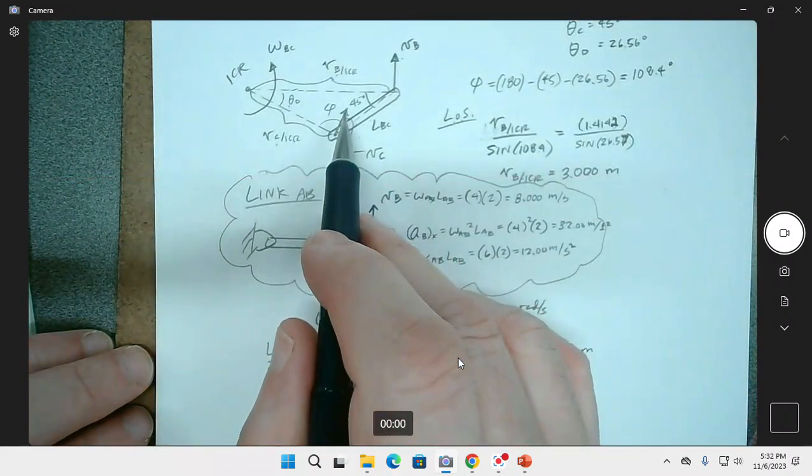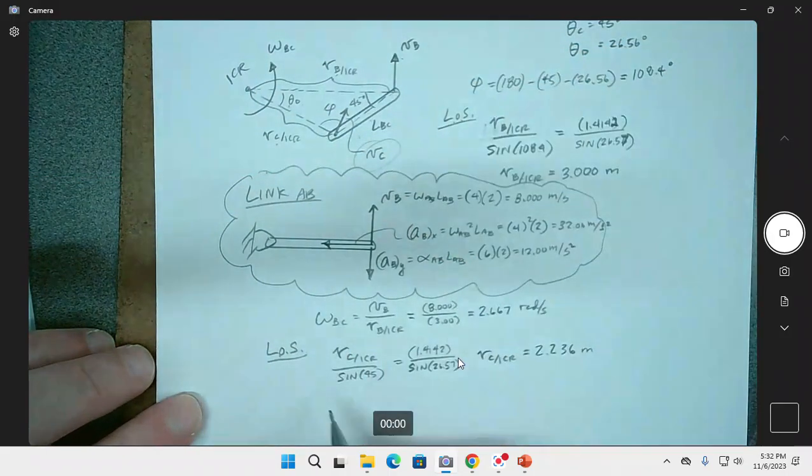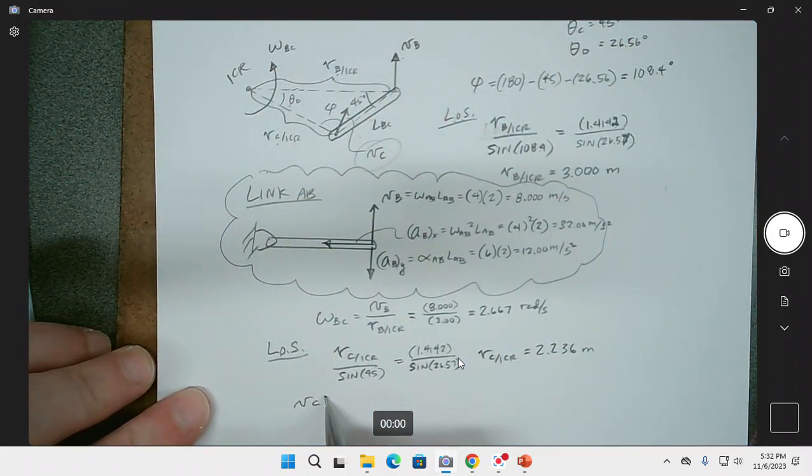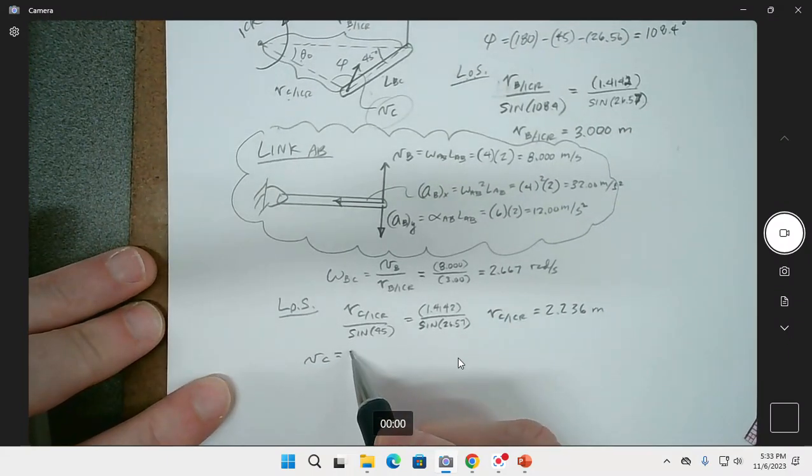So we can find VC. Find that guy. VC is going to be equal to that omega BC times RC with respect to ICR.